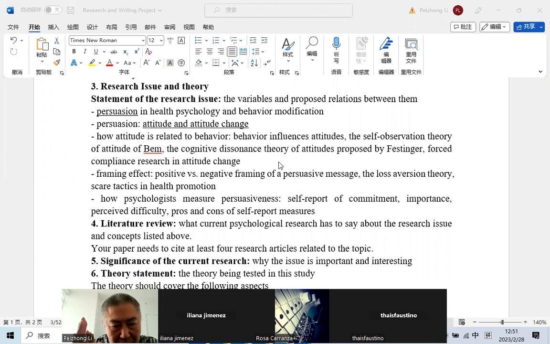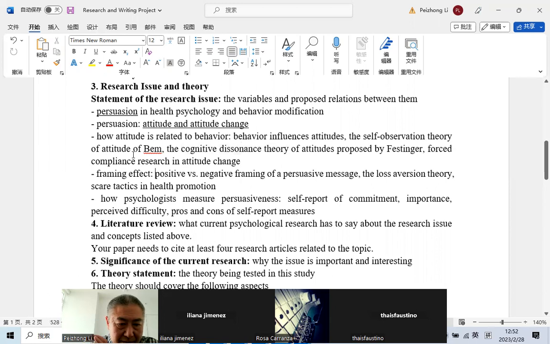And then what do you do? You change your attitude. These two theories believe that behavior influences your attitude. On the other hand, some other theories believe that attitude influences your behavior. And you want to do a literature review and understand this topic. It's really related to what you're going to write about.